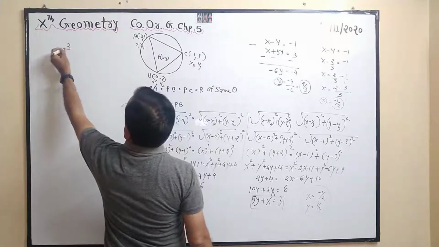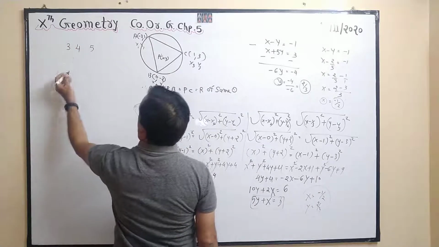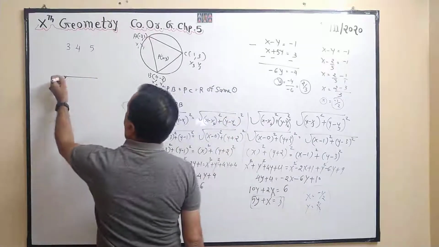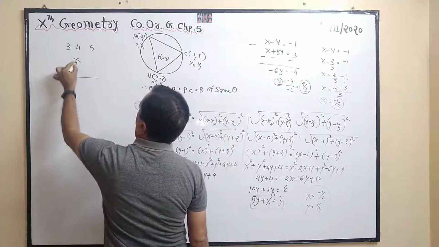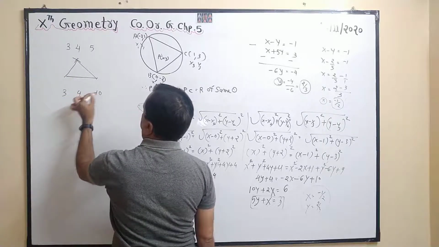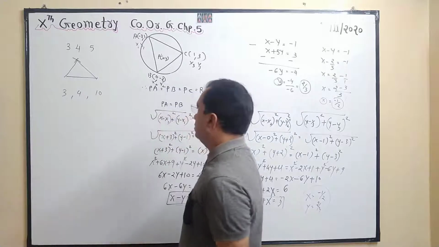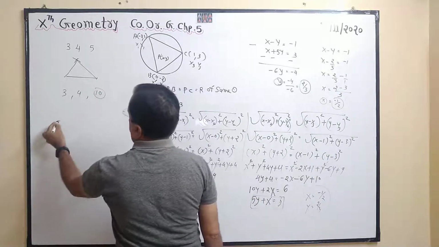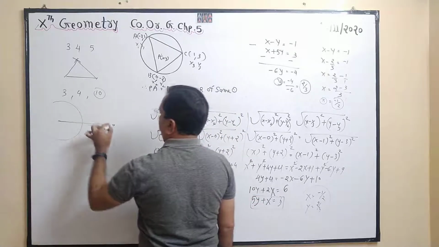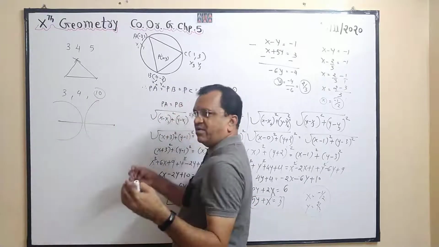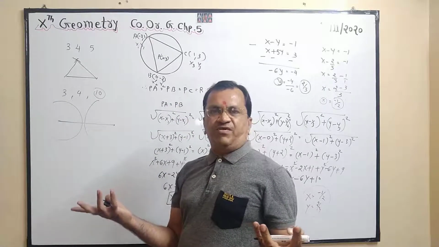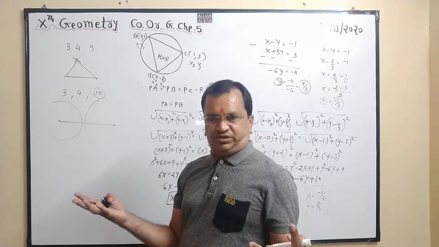If it is 3, 4 and 5, you will take 5 as a base, and from here 3, from here 4, so the triangle is possible. But if I take 10, from here I will take an arc of 3, from here an arc of 4, but they will not intersect each other. If they do not intersect, where will we get the third point? So the triangle is not possible.